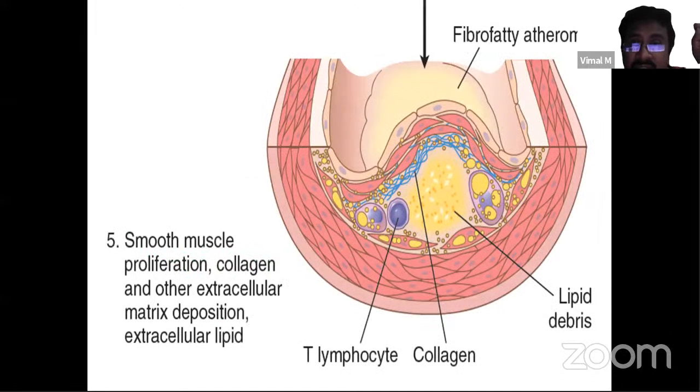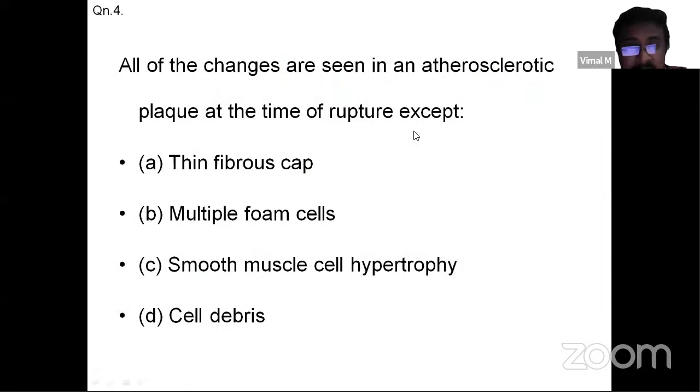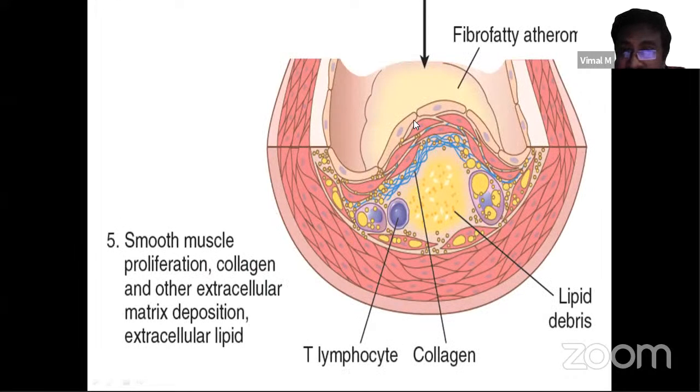If the fibrous cap is very thin, it is more prone to injury. If it is a thick fibrous cap, injury may not damage that area. If the fibrous cap is very thin, any force can easily damage it.